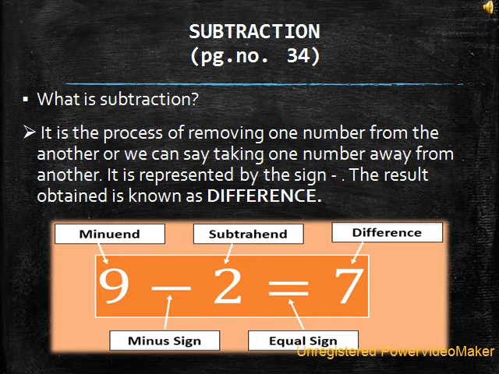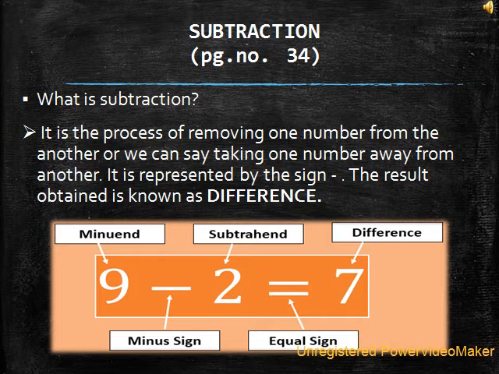Students, now we will study that in addition, the numbers to be added were addends and the answer was sum. In subtraction, the answer is known as difference. Now why difference? Because we are subtracting one number from another number. So the difference is the answer.